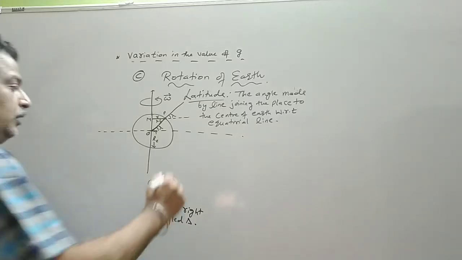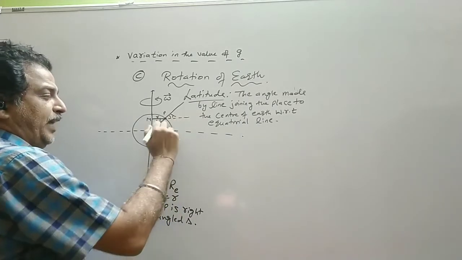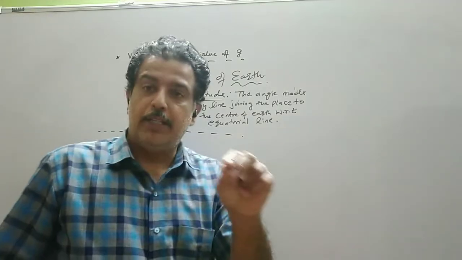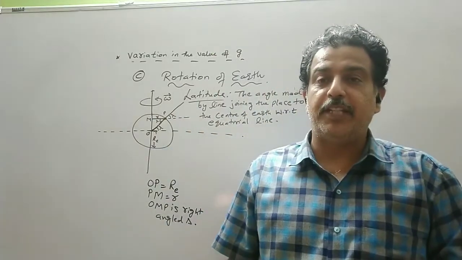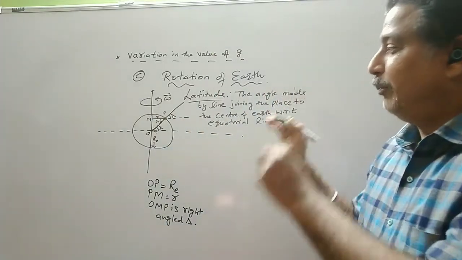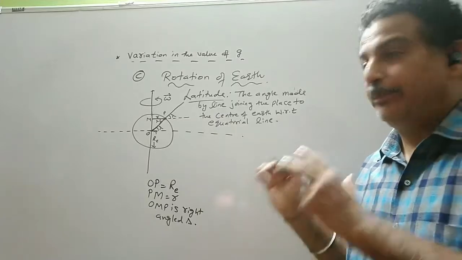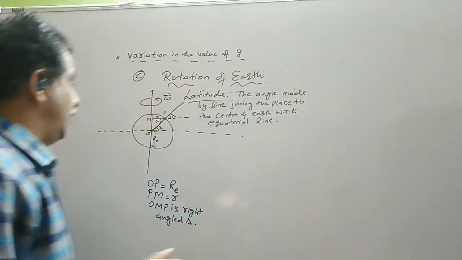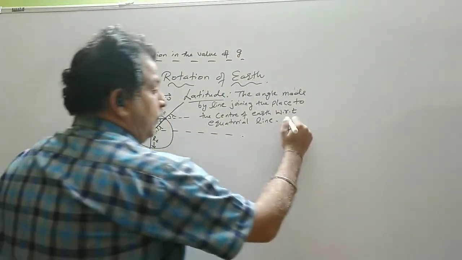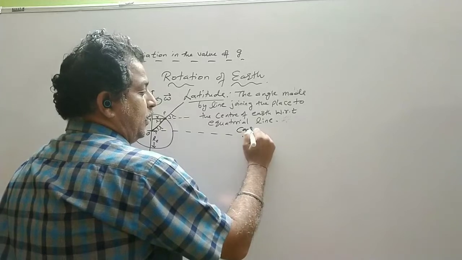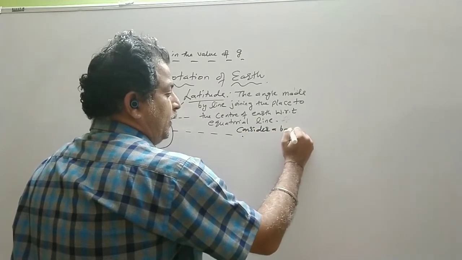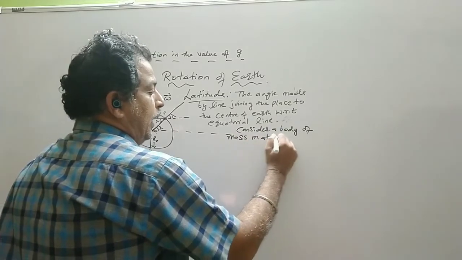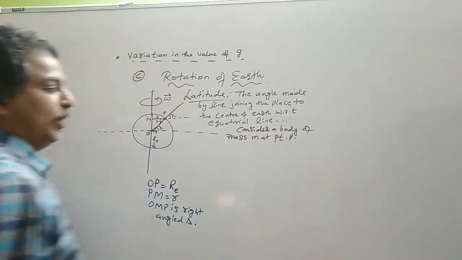Now, if a body of mass m is placed at point P, the gravitational force is always directed towards the center of the Earth. So we assume a body of mass small m at point P. We are deriving this because it was not done in our NCERT book. So consider a body of mass m at point P, or at any country or any place.